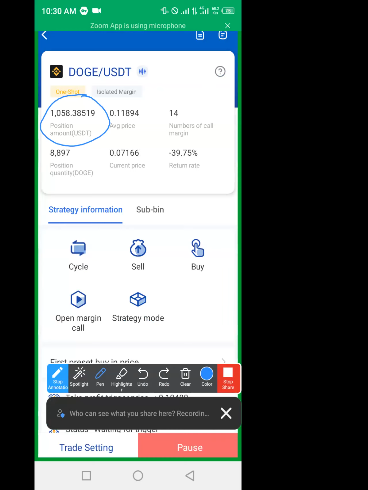And that $1,058 managed to buy Doge, the quantity of Doge, that is position quantity, 8,897. So position quantity is the amount of that asset that you have bought, the quantity.